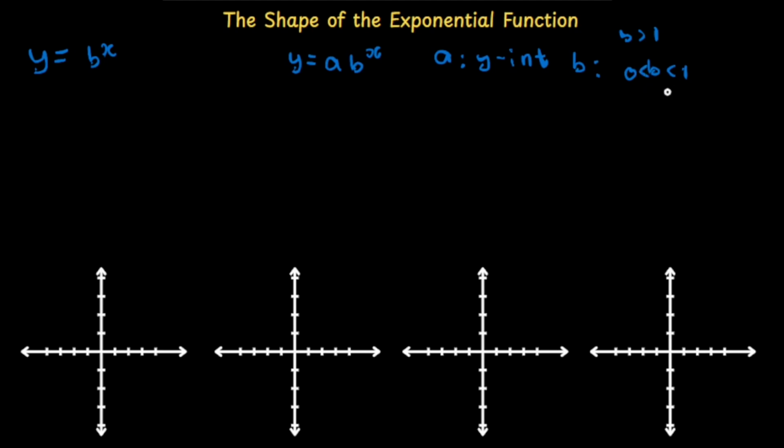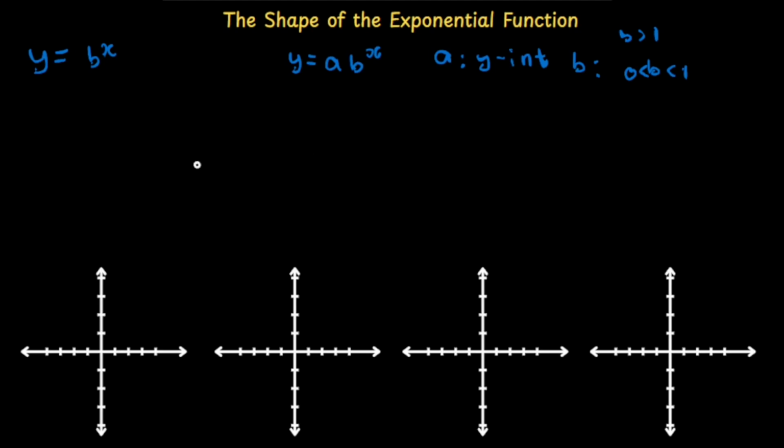It can be a half, a third, or 1/100th. But b will never ever be negative, and that is extremely important. If you have a negative value in your equation, that negative sign will be assigned to a and not to b.